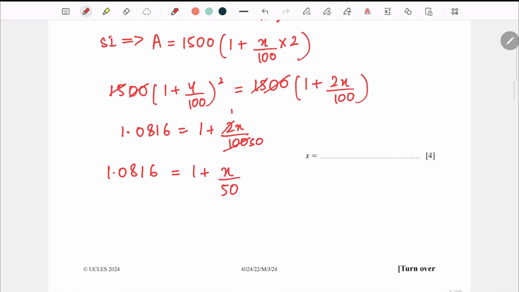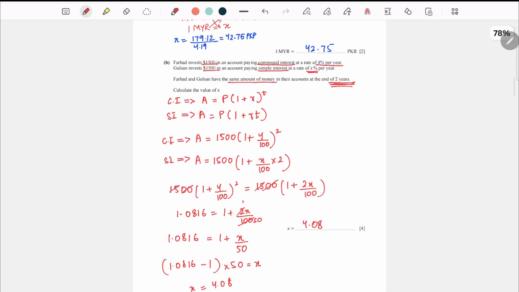When I simplify this, (1.0816 minus 1) multiplied by 50 will be equal to x, and x is basically equal to 4.08. This will be our final answer.